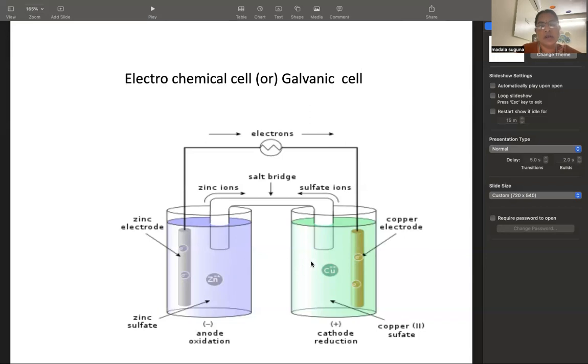Similarly, in the second compartment, excess negatively charged ions are present. Simultaneously, the salt bridge sends negative ions towards the first compartment to neutralize the excess positive charges, as well as sending positive ions towards the second compartment to neutralize the excess negative ions, so it maintains electrical charge neutrality.